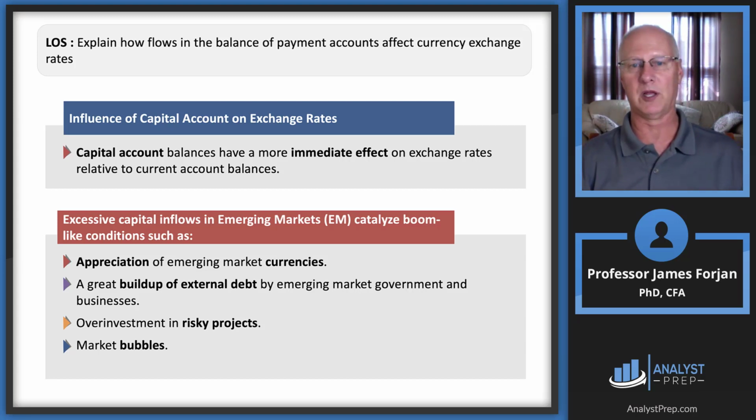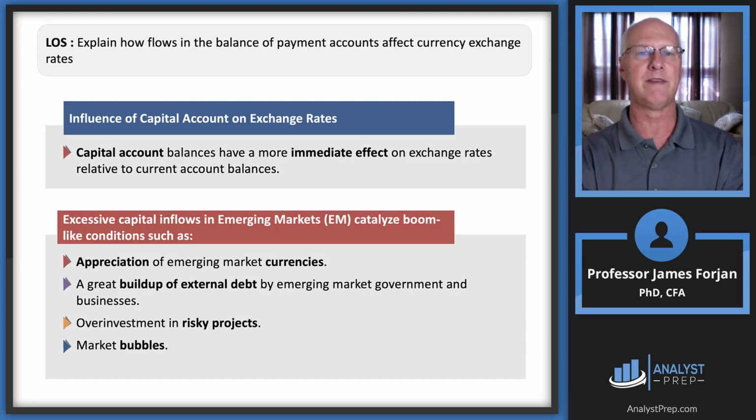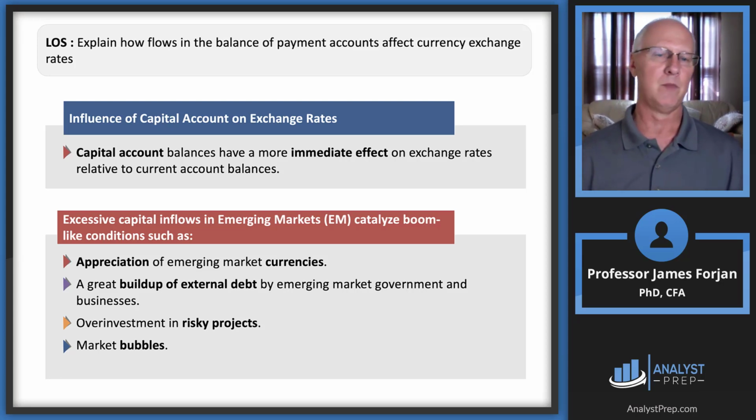Appreciation of emerging market currencies, right? We don't want to invest in a weakening currency. A great buildup of external debt, boy, that doesn't sound like a good thing. Overinvestment in risky projects. I'm not sure how we can define risky projects, but I'm guessing that if you read the vignette that the Institute crafts, you'll be able to determine that it's a risky project, and then market bubbles as well.